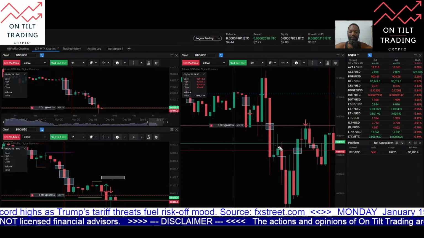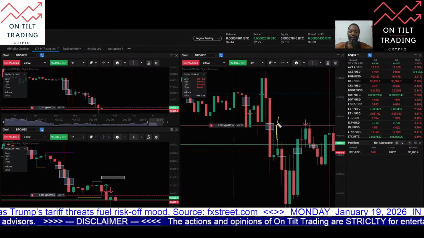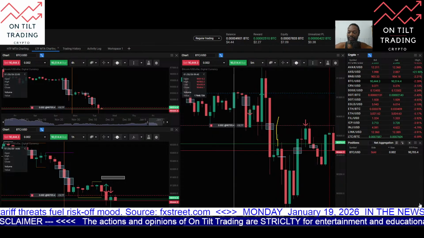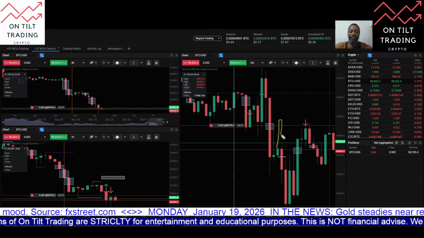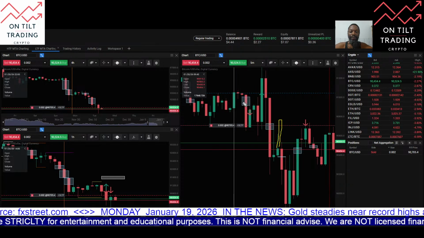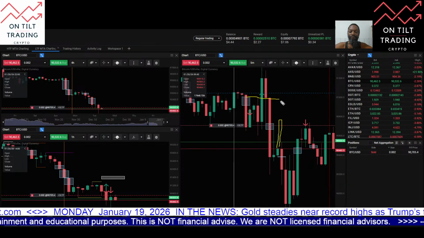So let's say price does this, but then also comes back. It would be a respect of the gap. If price does this, then it would be a disrespect of the gap, just like it is here.